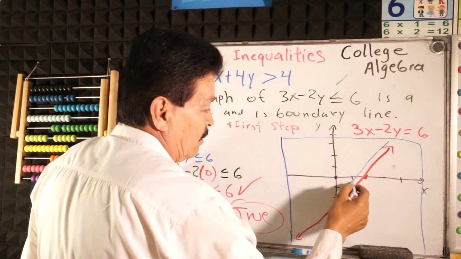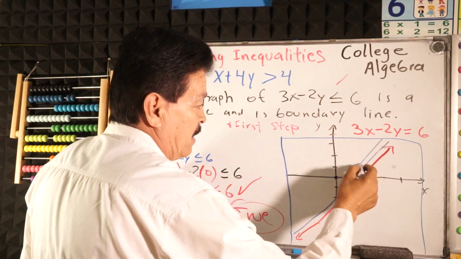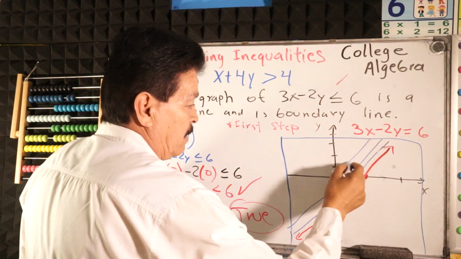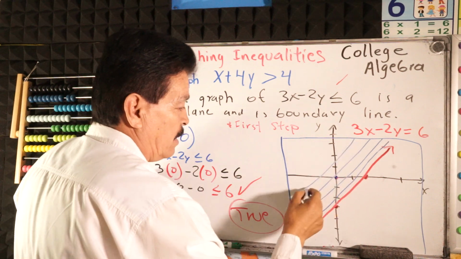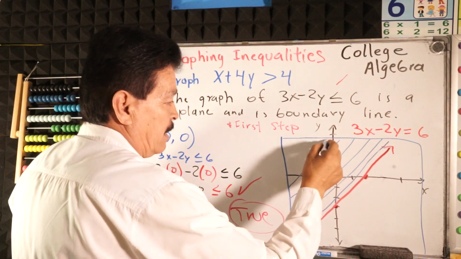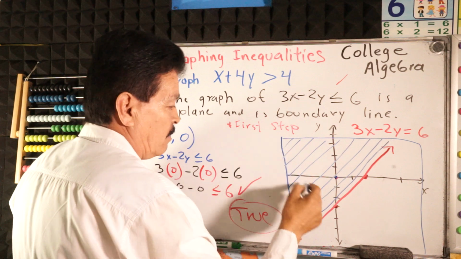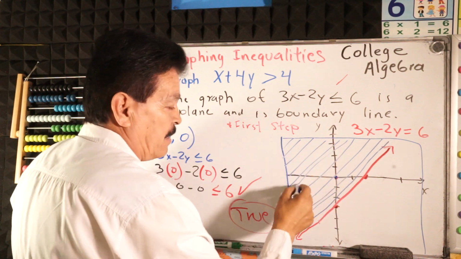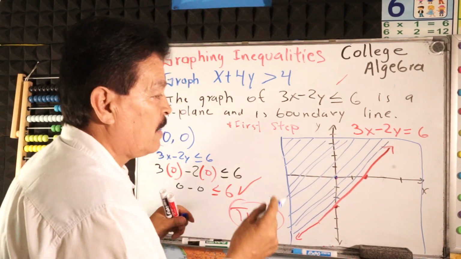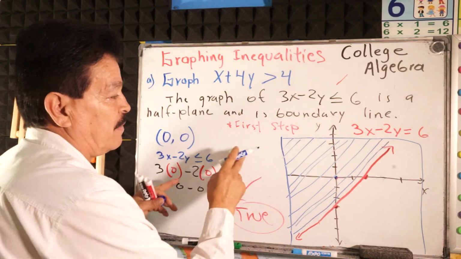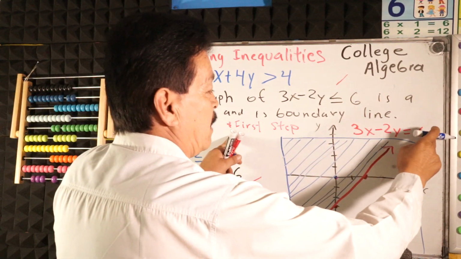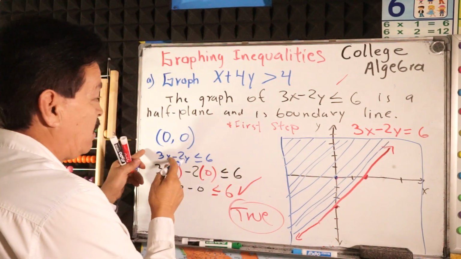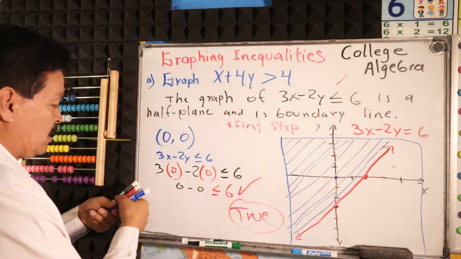You shade the area, and the graph looks like this. So the first step was to draw the line. Now the second step.